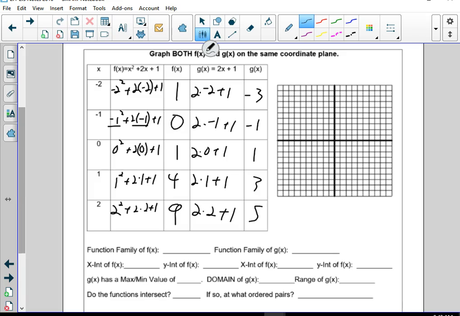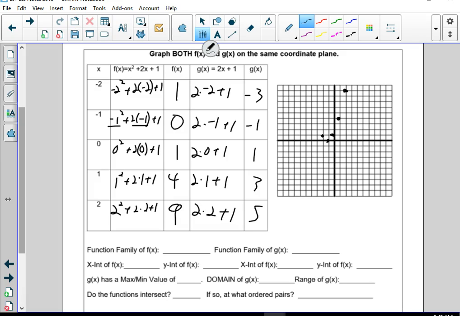Now we're going to graph both of these. So, negative 2, 1. Right there. Negative 1, 0. 0, 1. 1, 4. 2, 9.